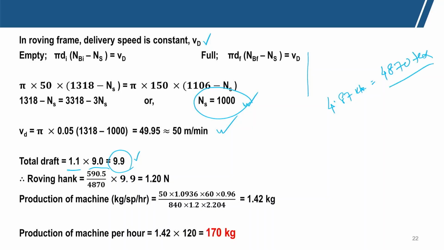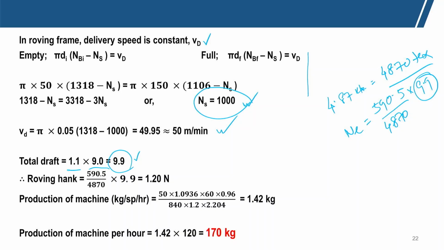The roving hank in indirect count Ne will be 590.5 divided by 4870 divided by 9.9, because the roving has been stretched 9.9 times.